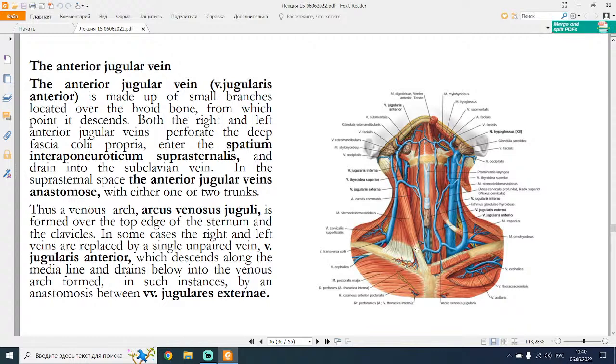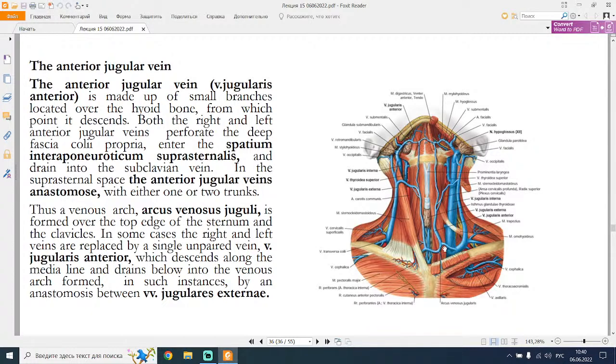In some cases, the right and left veins are replaced by a single unpaired vein, vena jugularis anterior, which descends along the medial line and drains below into the venous arch.